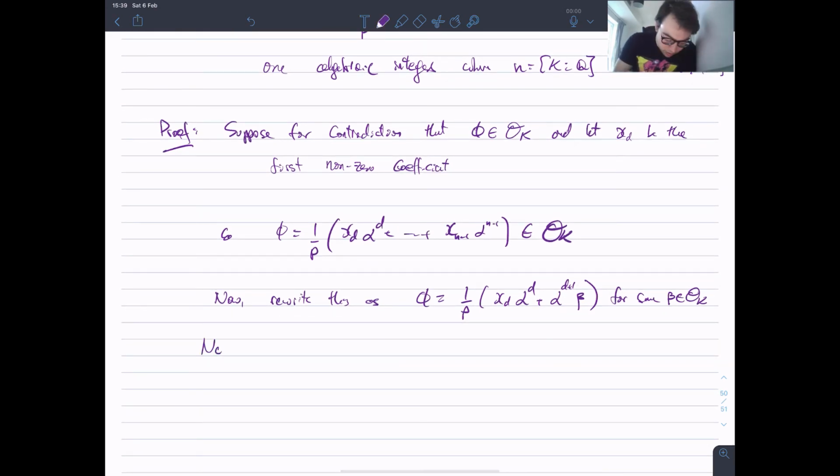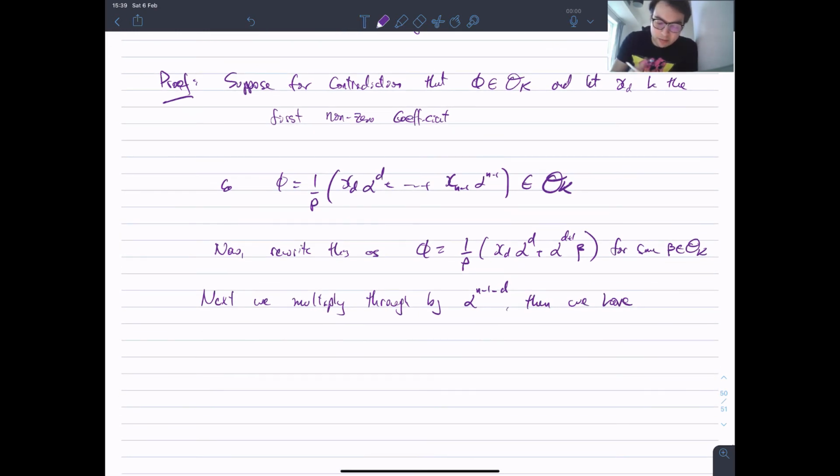So next we multiply through by alpha to the n minus 1 minus d. I'm just taking this element, rewriting it in certain ways and then manipulating it, and we're going to achieve a contradiction.